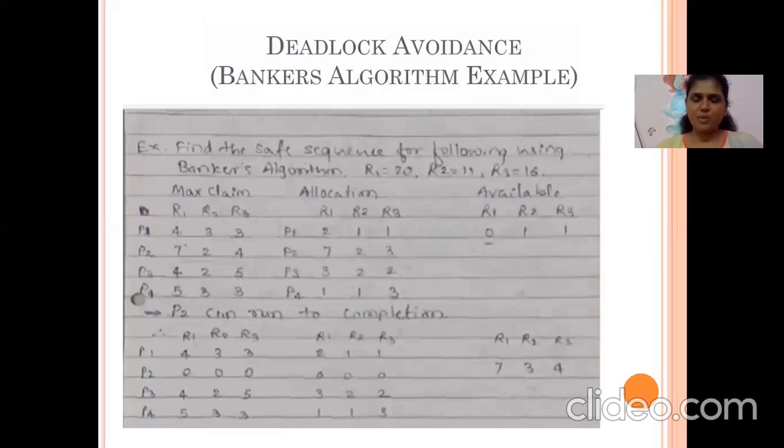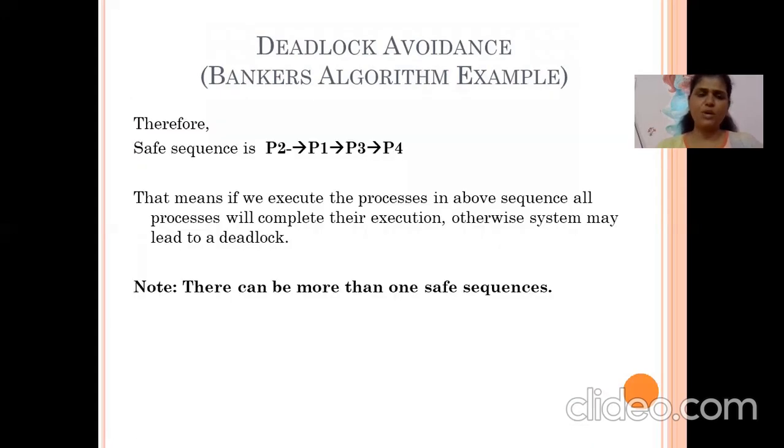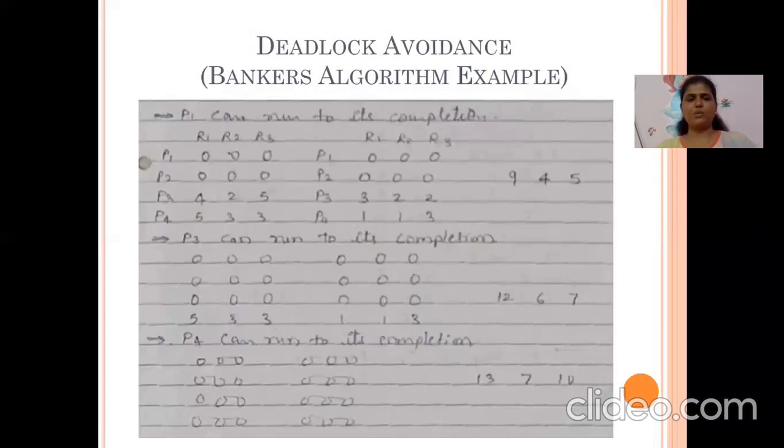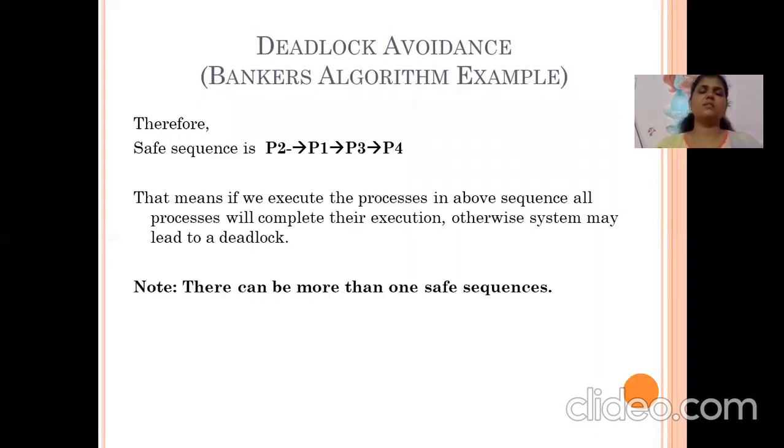This is another example having a little bit more resources, more instances, and more processes, but conceptually it is similar to the previous example. You can refer to this example from my notes, and we will get that the safe sequence in that situation is P2, P1, P3 and P4, and if the processes are executed in this sequence, then the system will not lead to deadlock.